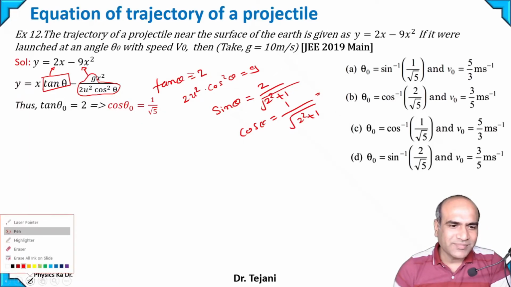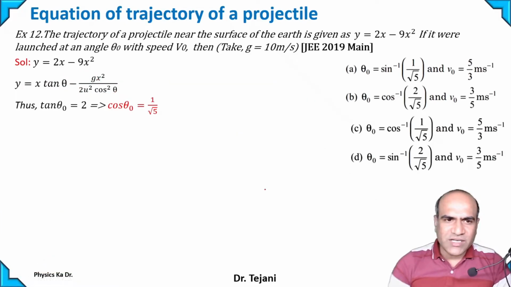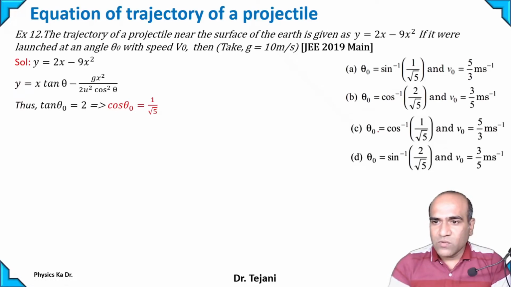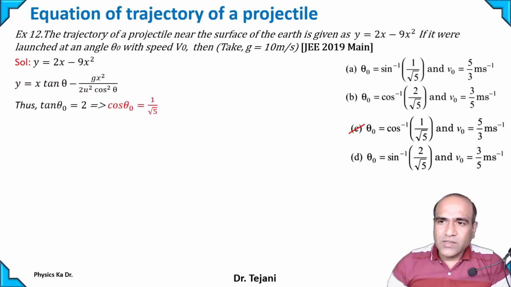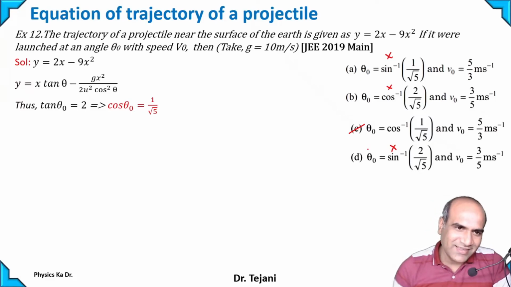Wow. So we got cos theta as 1 by root 5, so cos inverse 1 by root 5. So this is incorrect, and this is also incorrect. We got answer number 6.